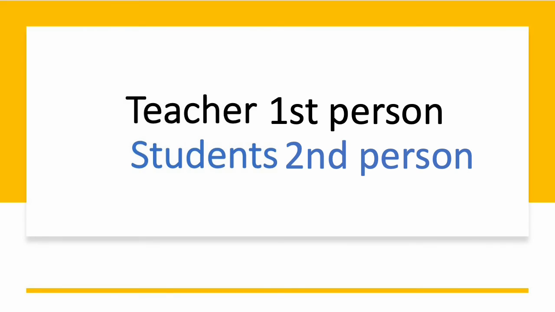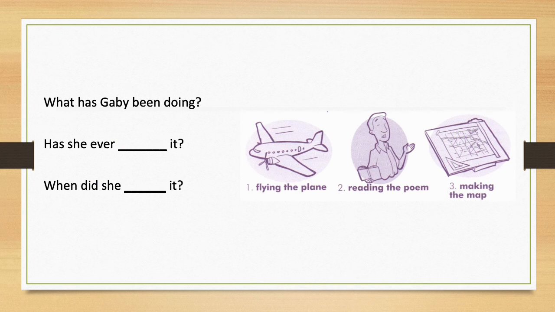Now teacher first person, student second person. What has Gabby been doing? Has she ever flown it? When did she fly it? What has Gabby been doing? Has she ever read it?